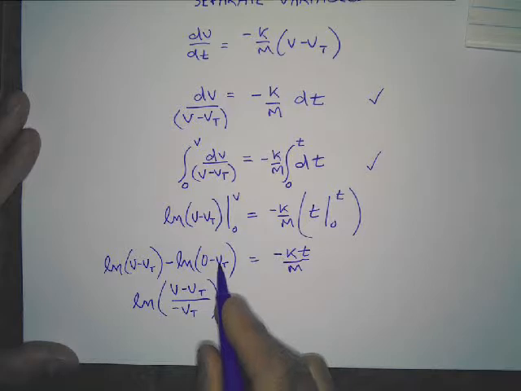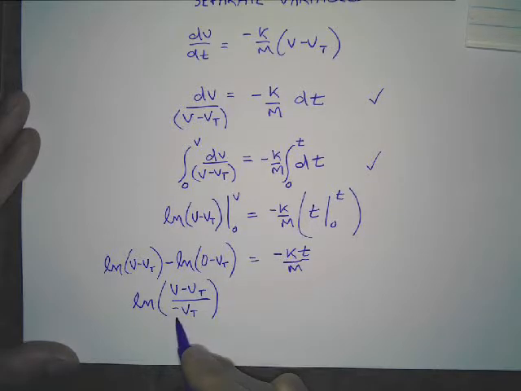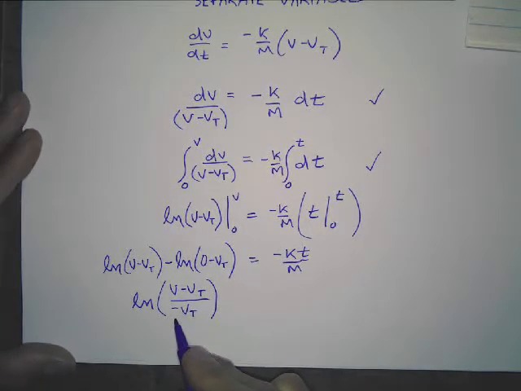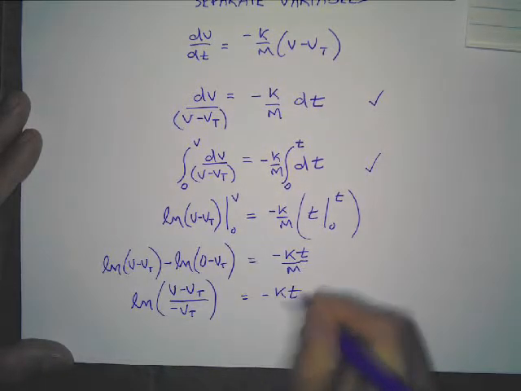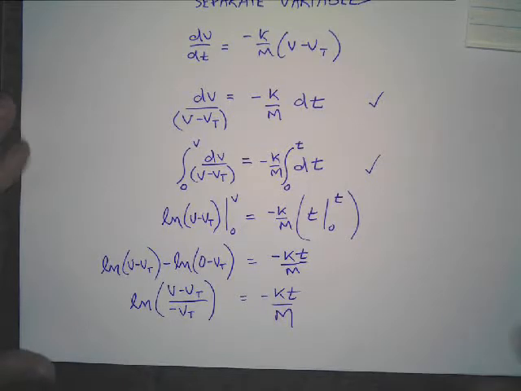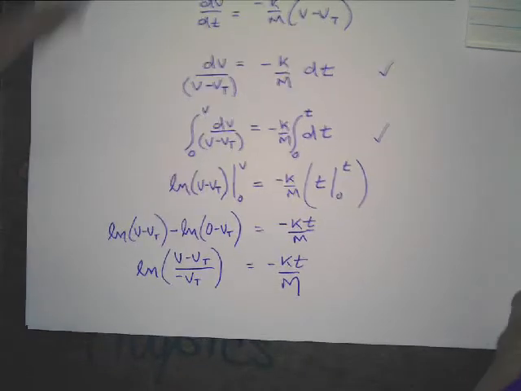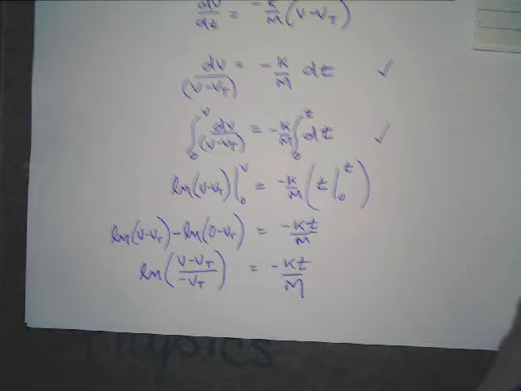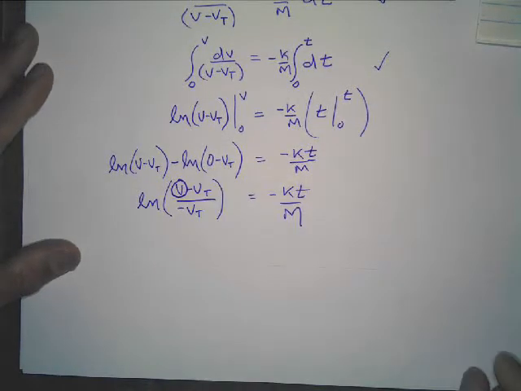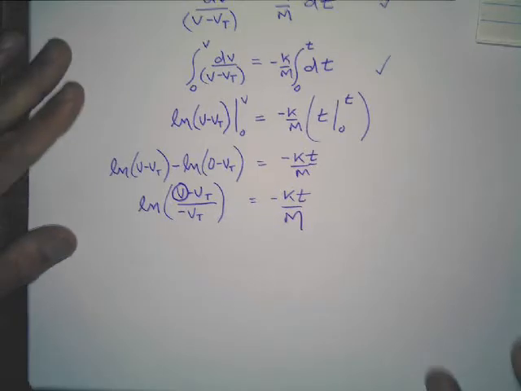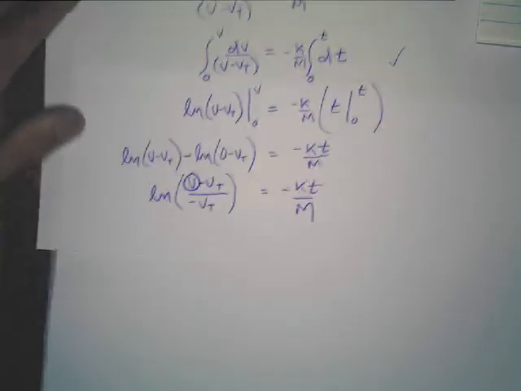Remember, there's a negative sign that pops up in the second term. That's got to come downstairs. And this is equal to negative kt over m. We're almost there. We just want to now isolate and solve for that function. Remember, that's the thing we're keeping our eye on. We want to get a solution to that.